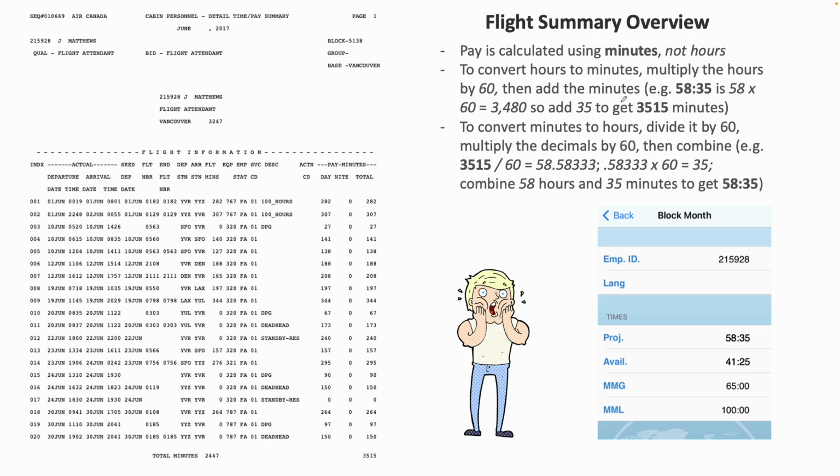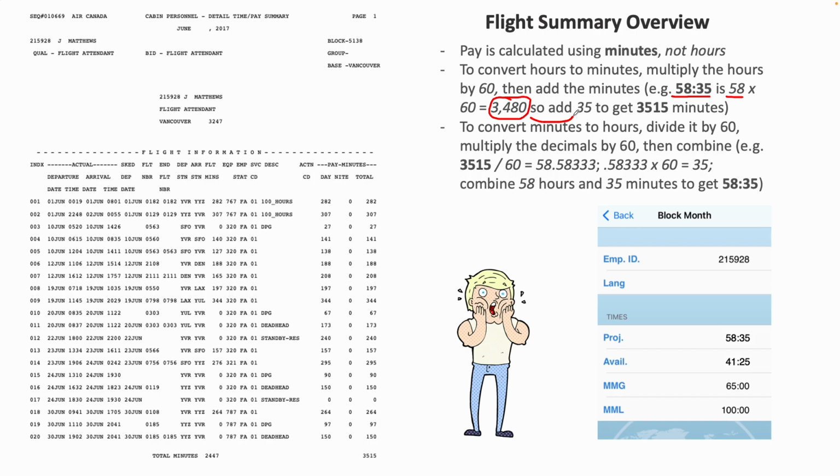In order to do this, we multiply the number of hours by 60 and then add the minutes afterwards. So for example, with 58 hours and 35 minutes, we take the 58 and then multiply that by 60, and that gets us 3,480 minutes.